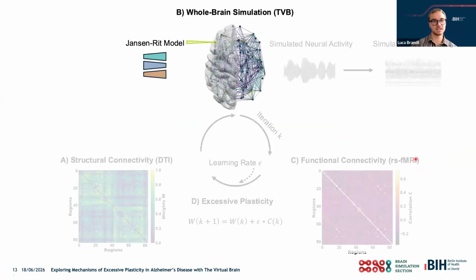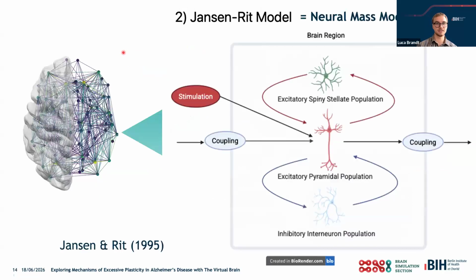So for the brain dynamics, for simulating brain regional activity, we use the Jansen-Rit model, and it is a neural mass model. So it's used for simulating cortical column activity. And the idea is that in one cortical column, there's always interaction, or this is the most basic interaction in such a column.